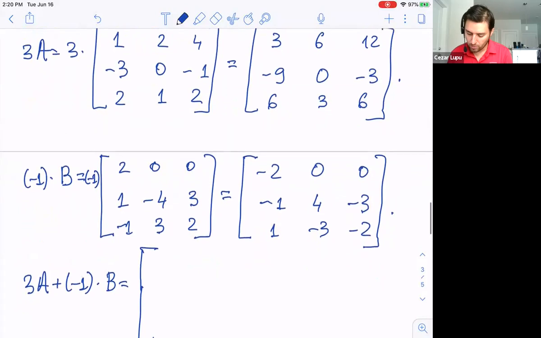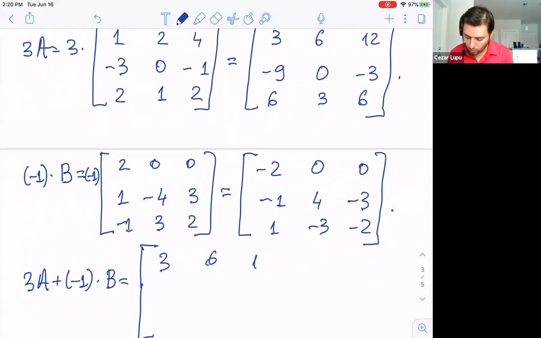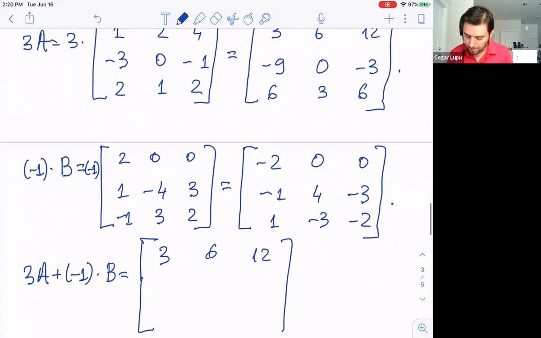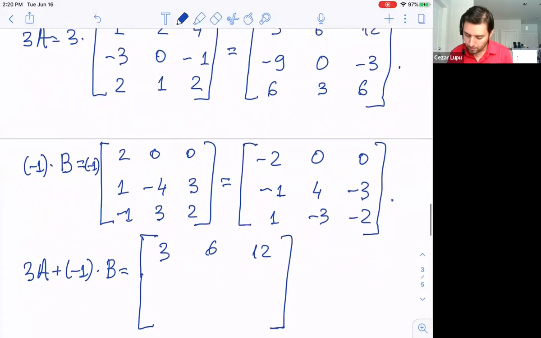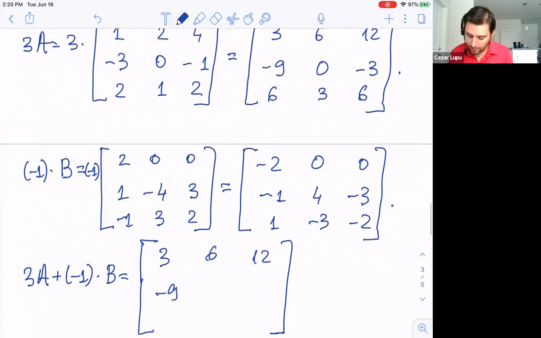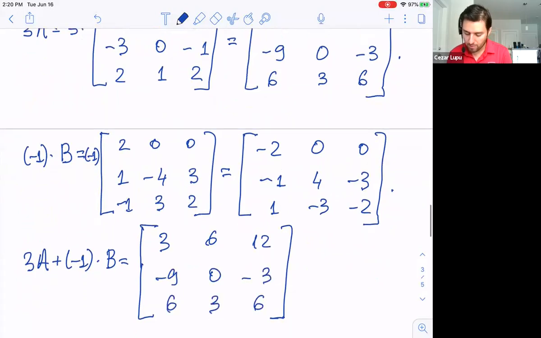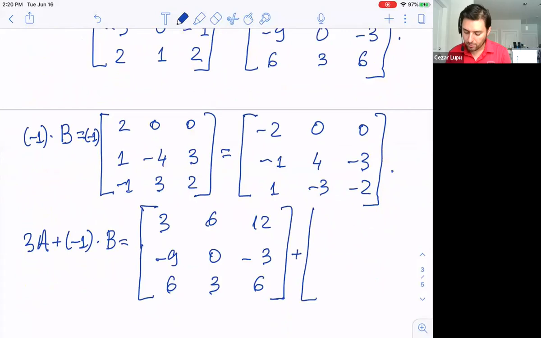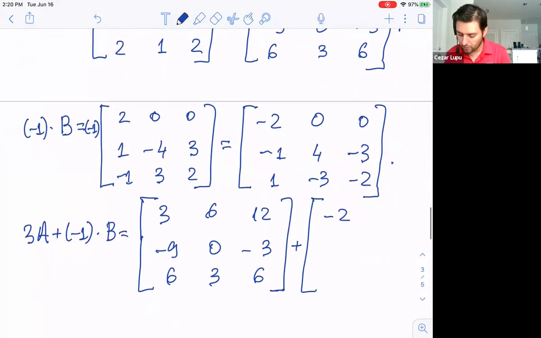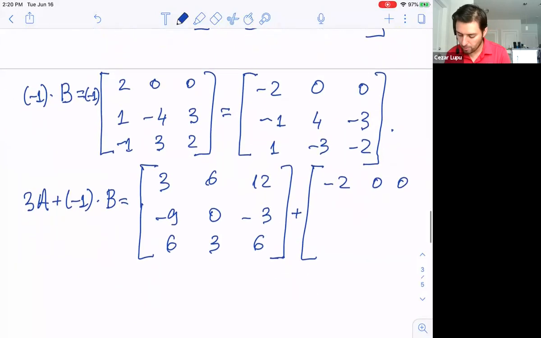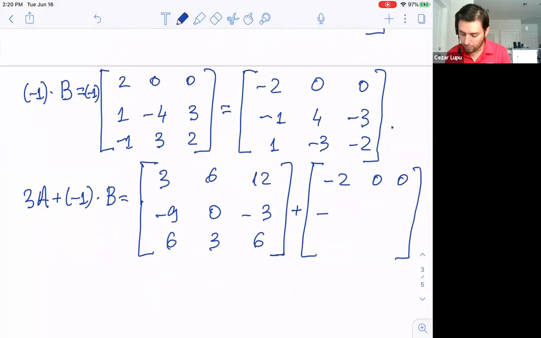So the first one was 3, 6, 12, -9, 0, -3, 6, 3, 0, plus this matrix, -2, 0, 0, -1, 4, -3, 1, -3, and -2.